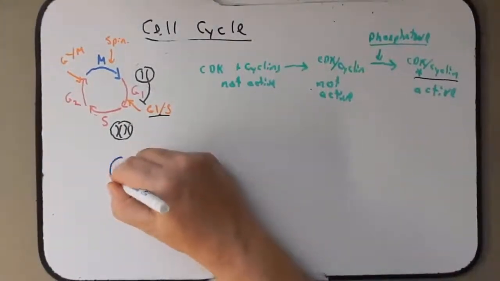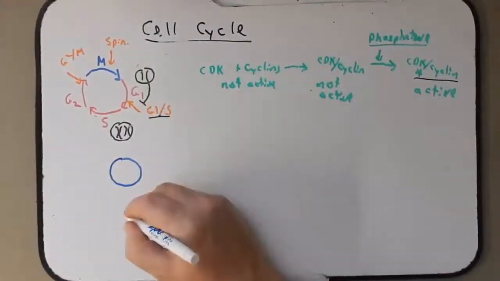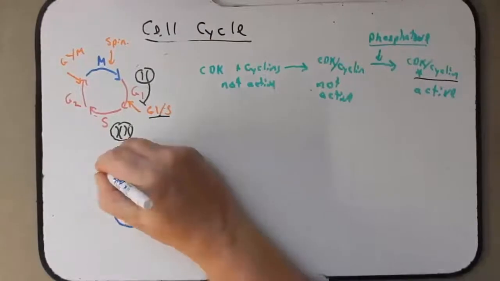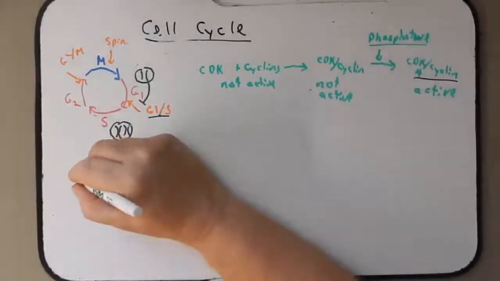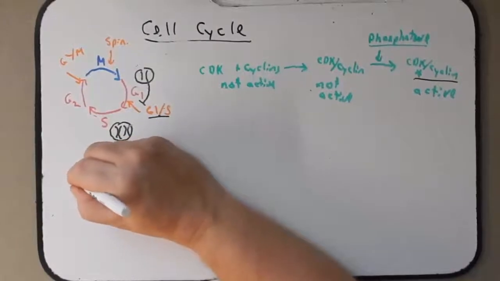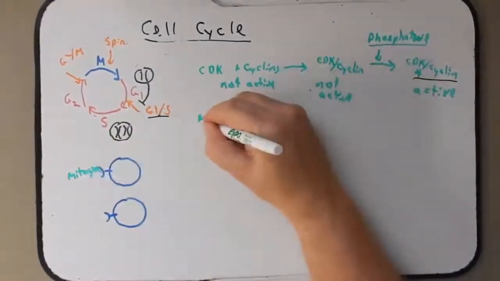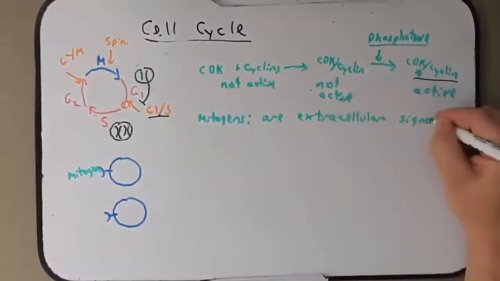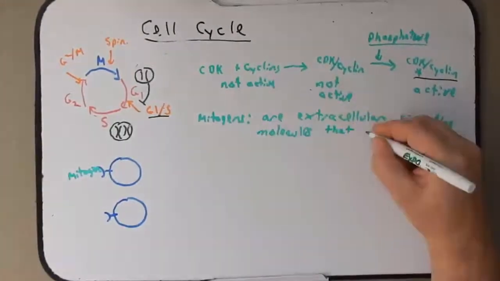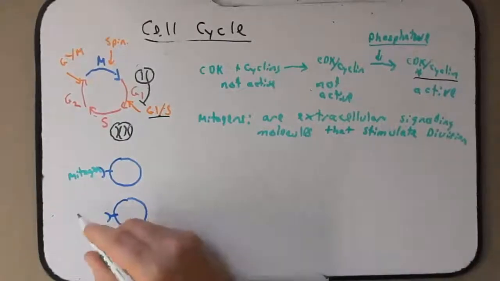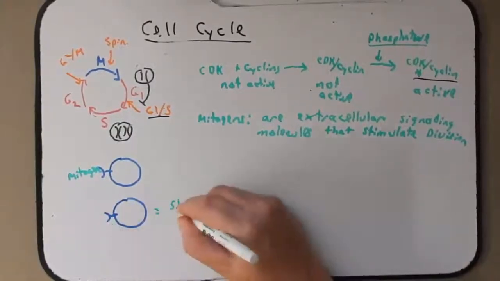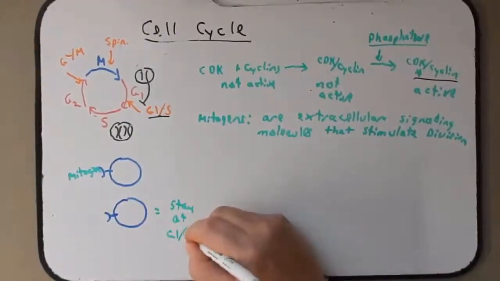So what we have then are these 2 cells that are stopped at the G1S checkpoint. They both have these receptors on them, and these receptors will bind to chemicals secreted by other cells called mitogens. Mitogens are extracellular signaling molecules that stimulate cell division. So if no mitogen binds to it, it will stay at the G1S stop.